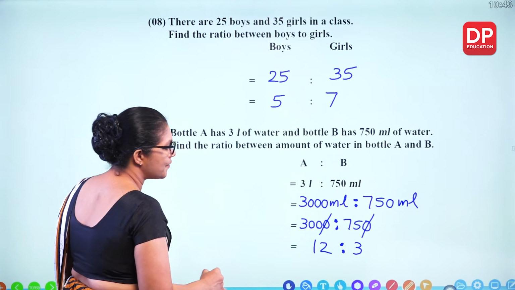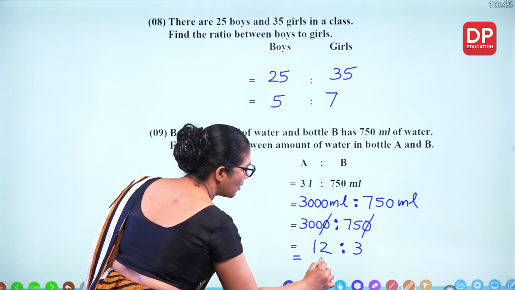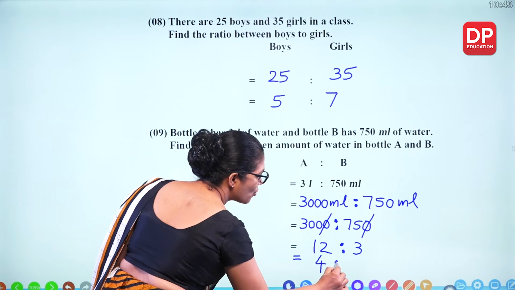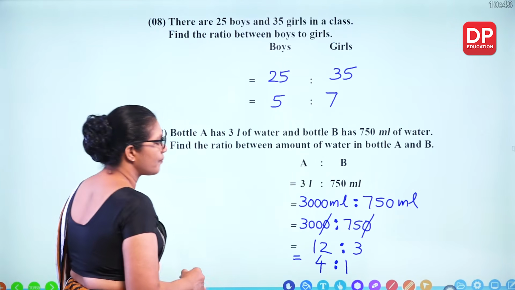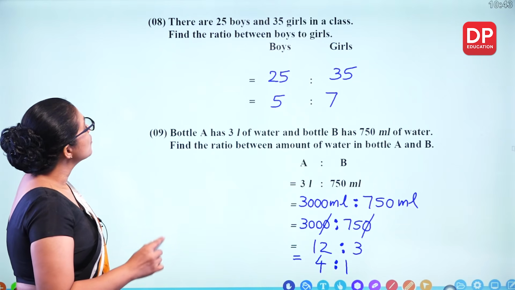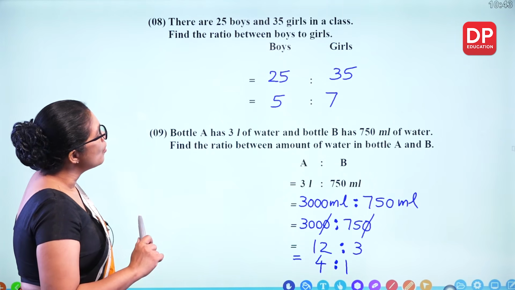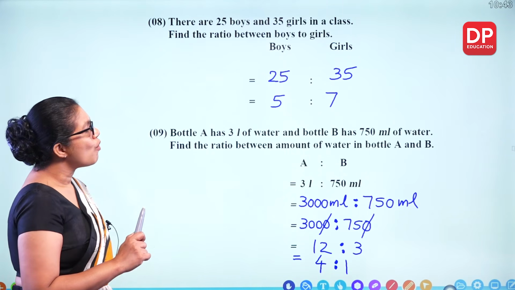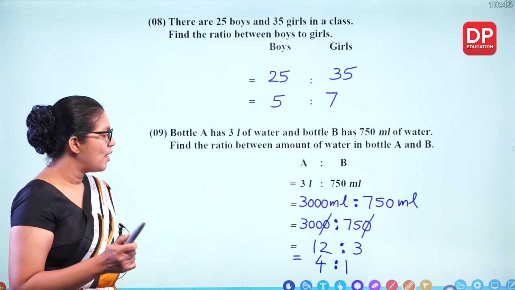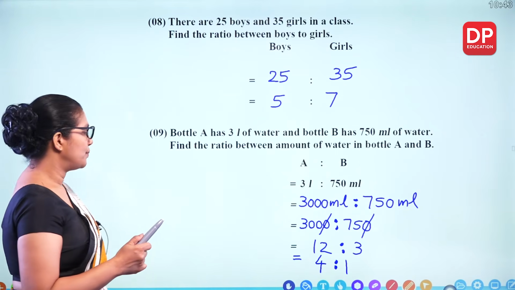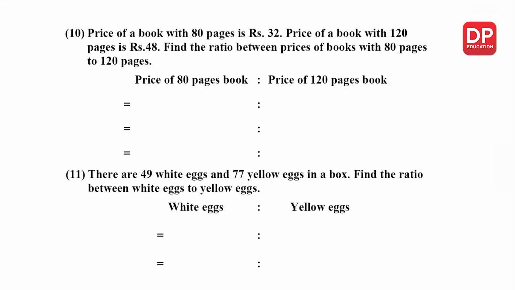Then divide by 3 on both sides. You get a 4 to 1 ratio. So what's the ratio between the amount of water in bottle A and B? 4 to 1 ratio.